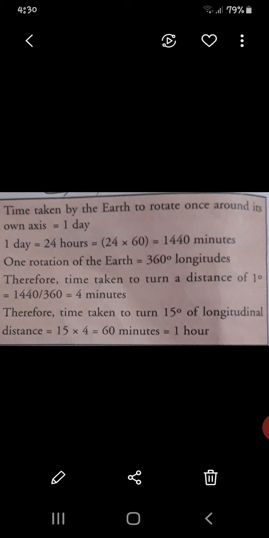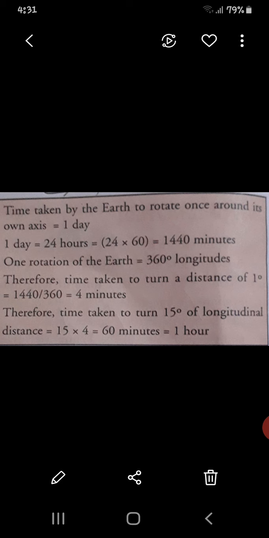Okay, now let us learn about the standard time. What is that? We have Indian standard time, international standard time, etc. So what is a standard time? The local time of a place depends on the meridian of longitude that passes through it. So now we are not just looking at the sun, we are calculating.